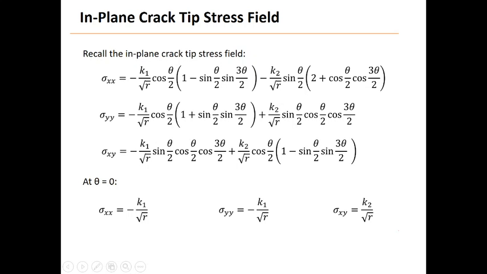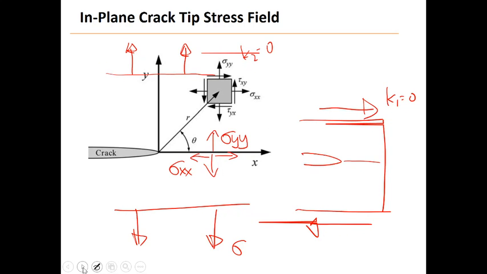Now if you have applied mode 2, then it's the opposite scenario. All the K1s are 0. So under mode 2, you're looking at this term here for sigma xx, this term here for sigma yy, and this term here for sigma xy. I'm going to show the stress fields more clearly in a slide later.